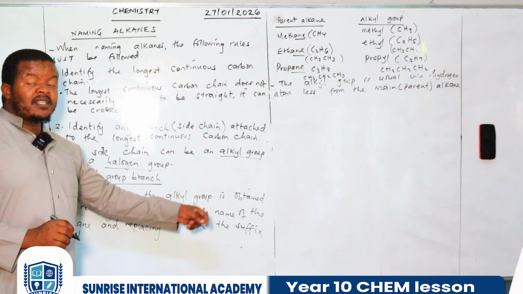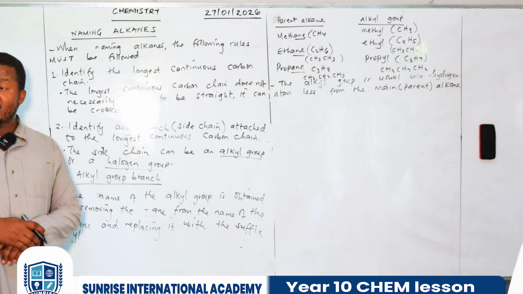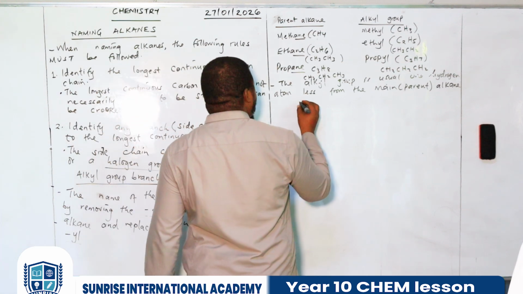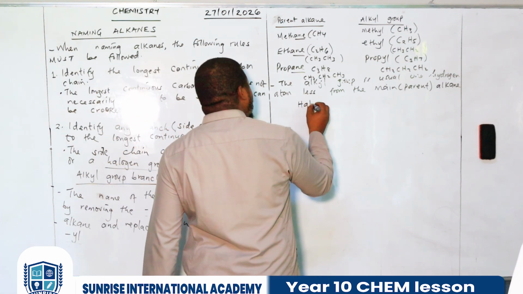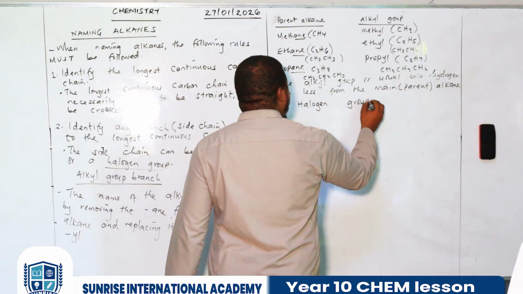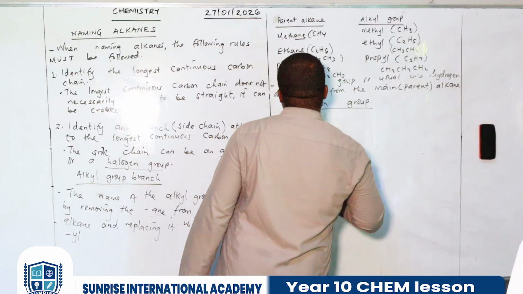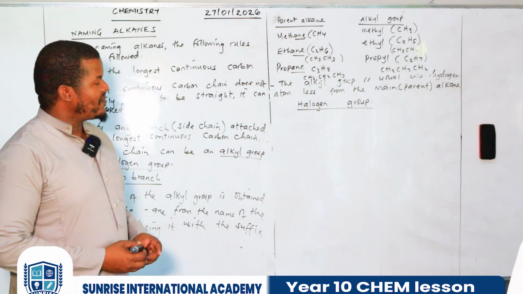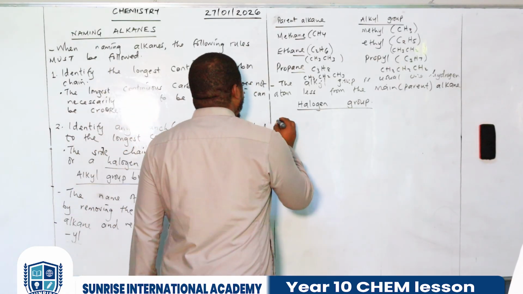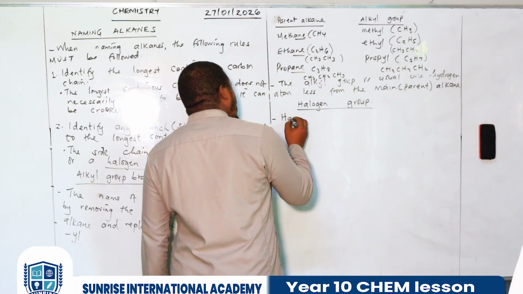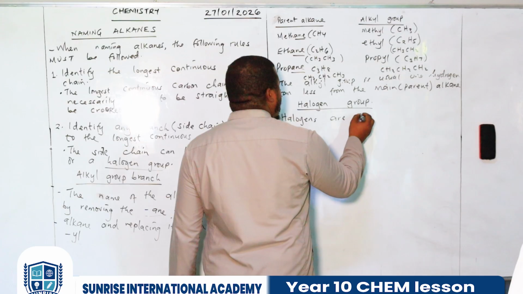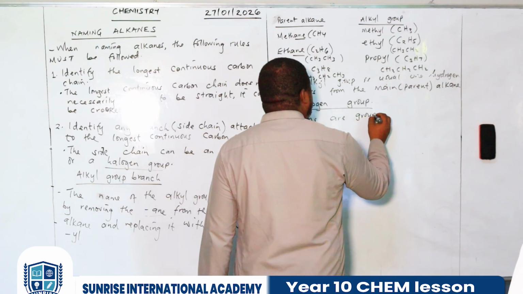Remember, we have two types of side chains. We have the alkyl group. We can also have the halogen group. So, let's talk about the halogen group as a side chain. We know that halogens are group 7 elements.